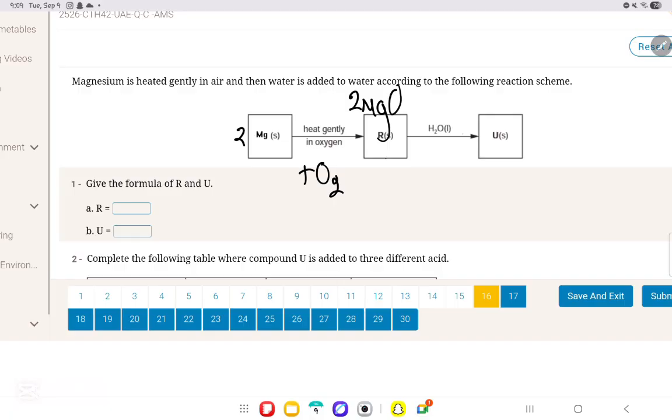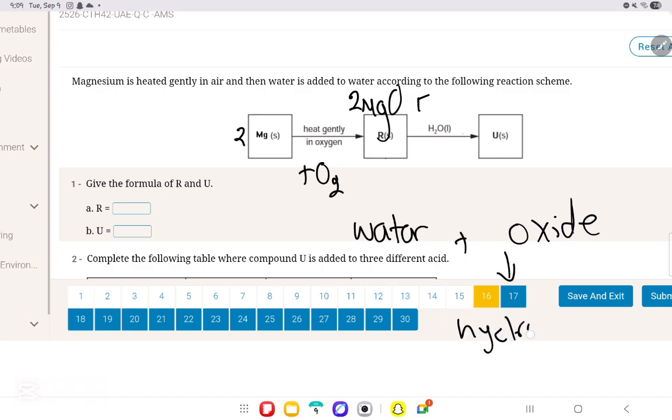Now add liquid water to a metal oxide. Whenever we're doing water plus oxide, what will we get as an answer? We will get a hydroxide.